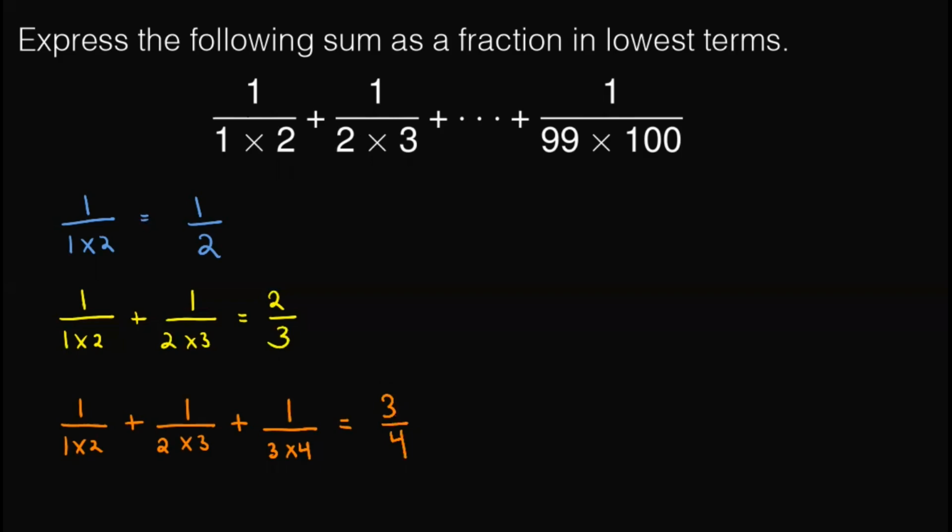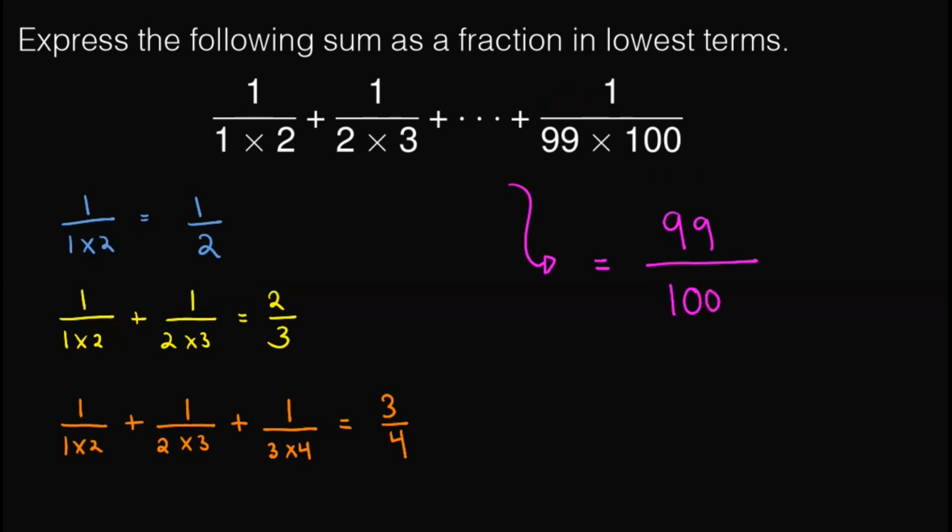And so we know that when we add all of this until 1 over 99 times 100 with the same pattern, this one will be the numerator, so 99 over, this one will represent the denominator, which is 100.